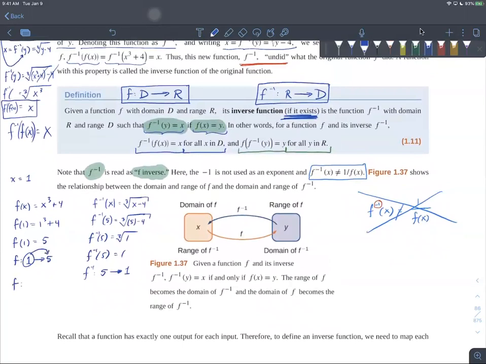So if the number 1 was here in the domain of f, f mapped it over to the range, the value of 5. But then what does the function f inverse do to that value 5? It maps it right back over to 1, right? So they undo each other.